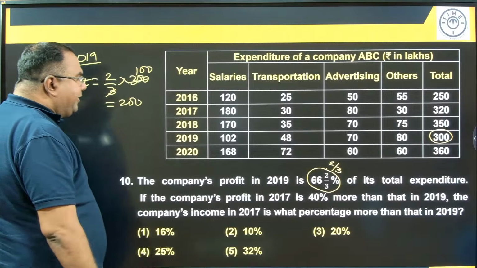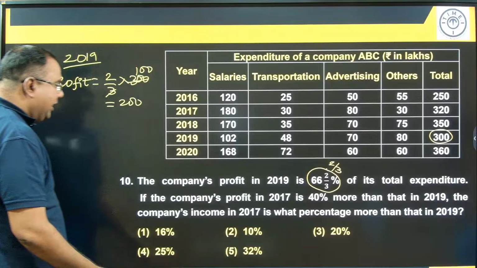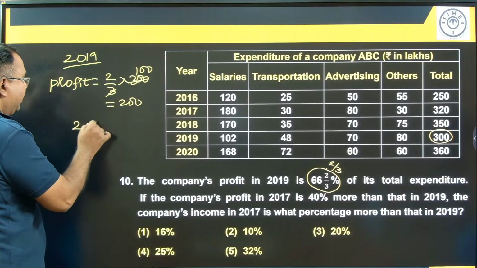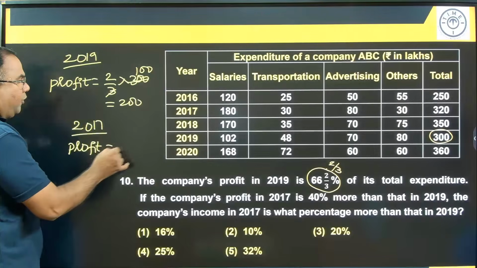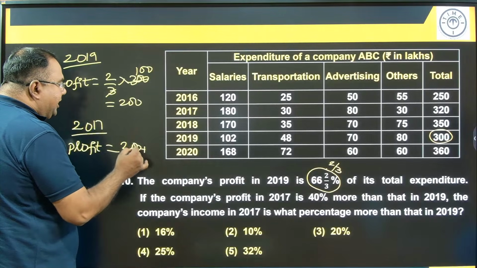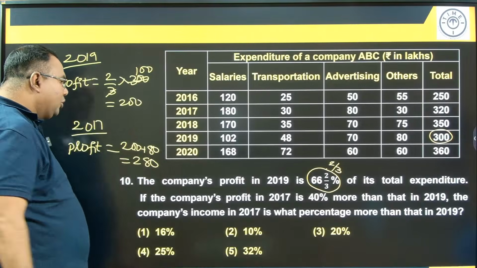Now, in 2017, the profit is 40% more than 2019. 200, 40%: 10% is 20, so 40% is 80. So it is 280.